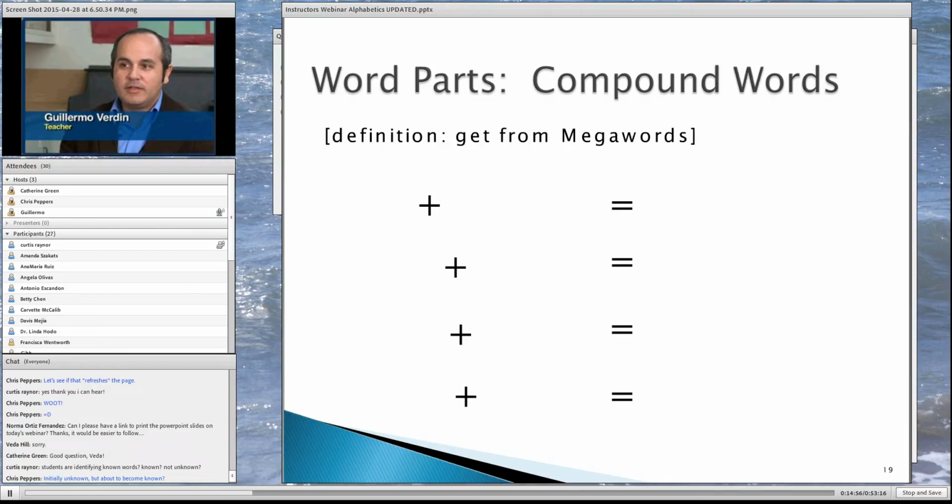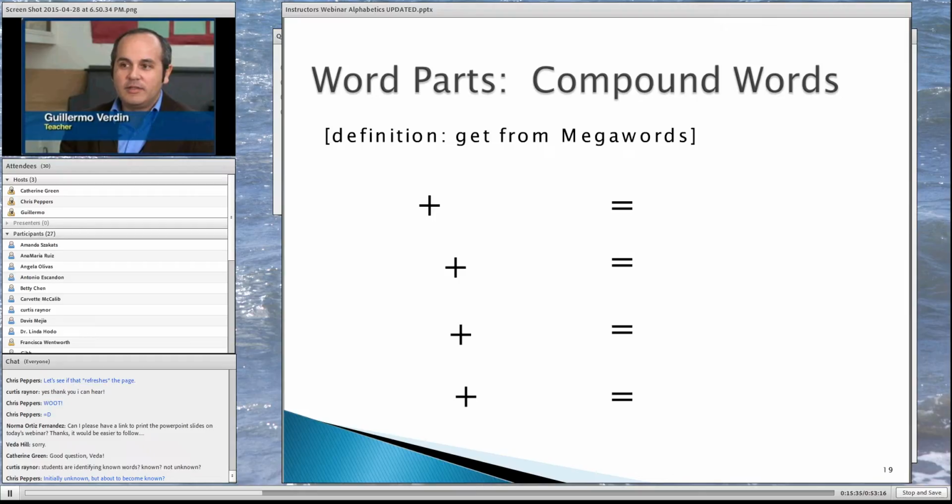Curtis, students are identifying known words, not unknown, you're asking? It's actually both, Curtis. It is known and unknown. Right now, for the most part, some of our students know the word community, but when they read it, they may not know it's community. So the first goal is to help them identify the words that they already know, because just because they can't decode it doesn't mean they don't know the word.